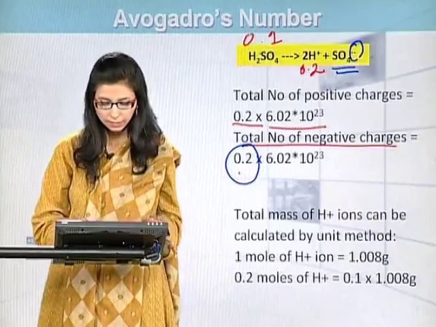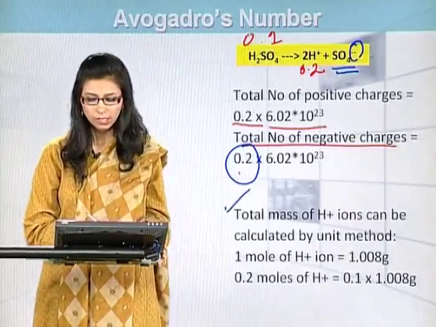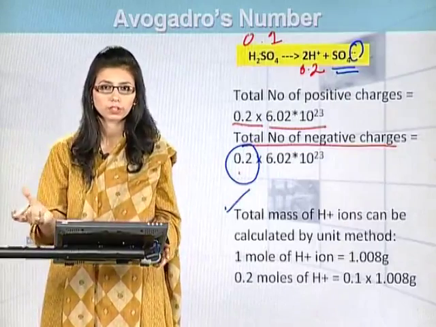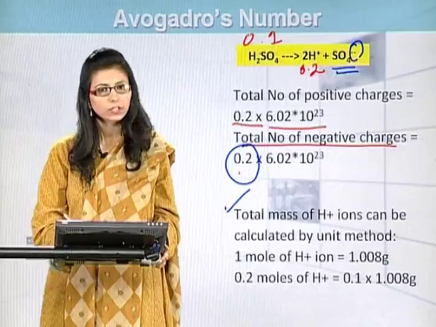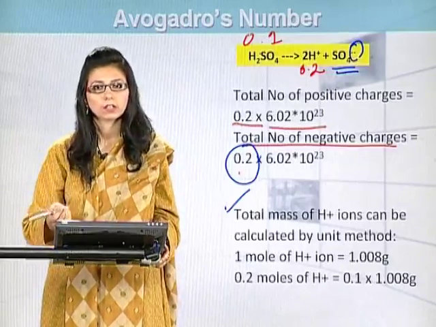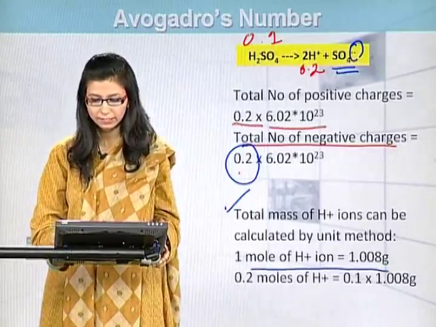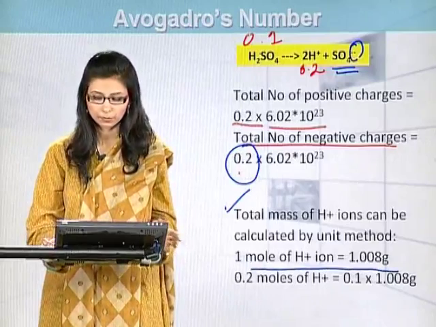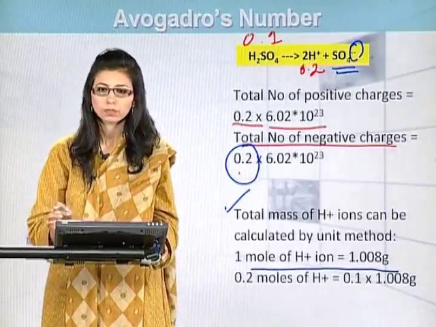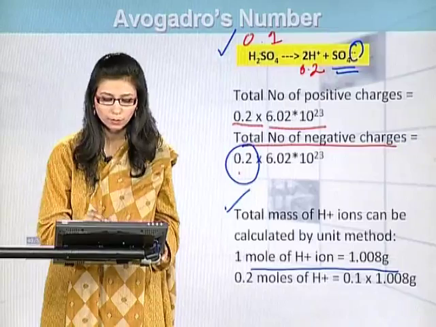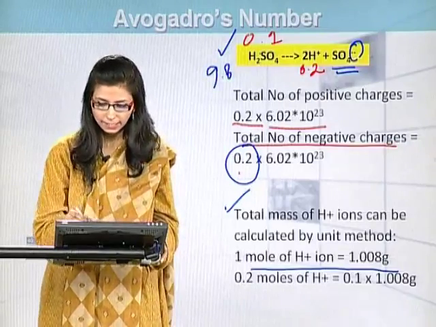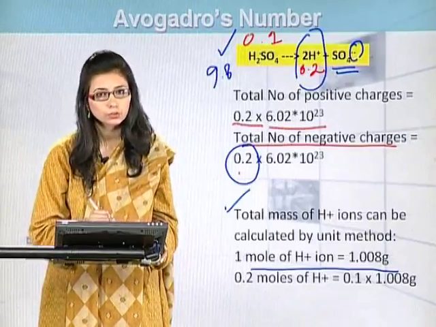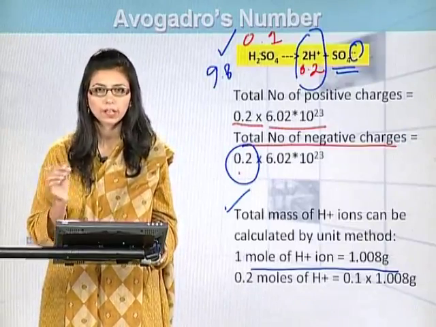So as the third interpretation, that I want to know how much mass of H positive ion or how much mass of sulfate ion has been produced. I just need to know that 1 mole में कितना होता है? 1 mole of H positive ion is equal to 1.008 grams. So as I can know कि अगर हमारी balanced chemical equation for 9.8 grams of sulfuric acid suggests that I end up with 0.2 moles of H positive ion.